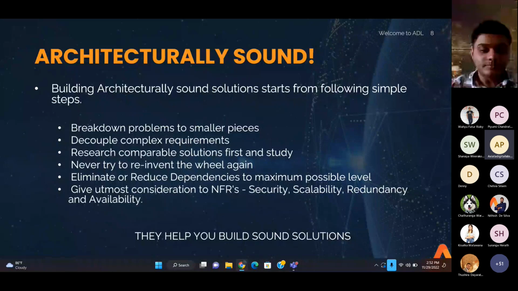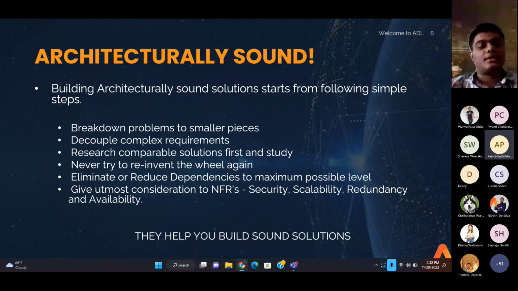For example, if you have a dependency, it will affect the security, it will affect the scalability of the software, because it will communicate to third parties, it will affect the availability of the software because it would have downtimes when the dependency is there, and it would create redundancy issues as well.